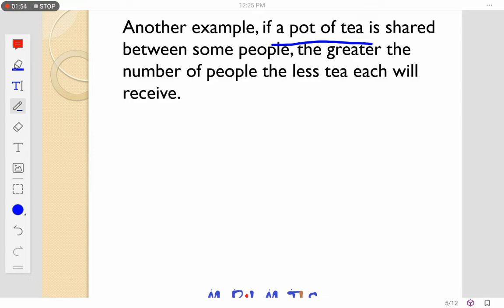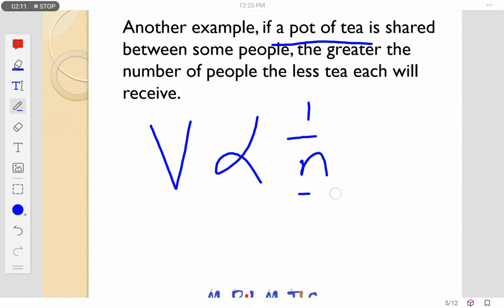We can represent that as the volume of tea received, V, is inversely proportional to the number of people n, written as V varies inversely with 1 over n. The n there is representing the number of people.